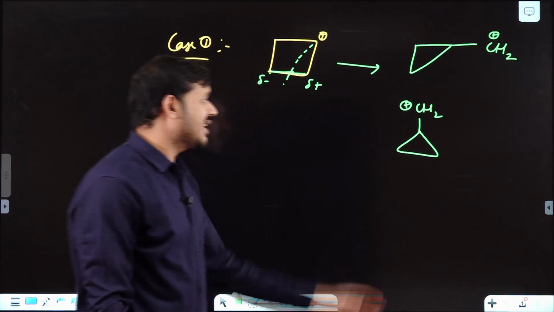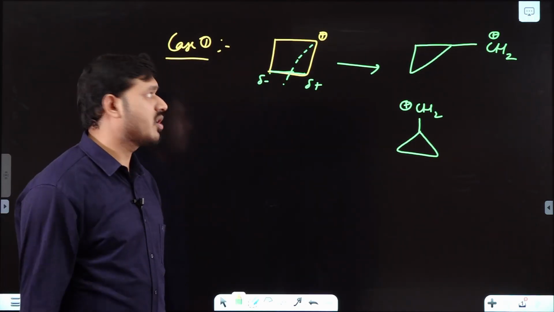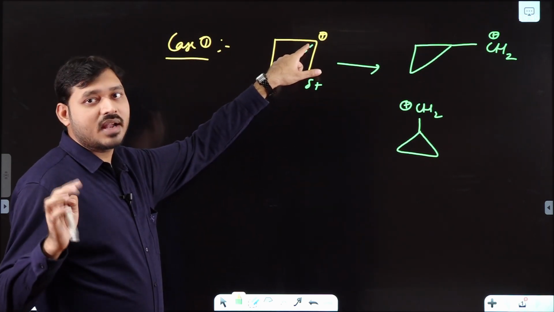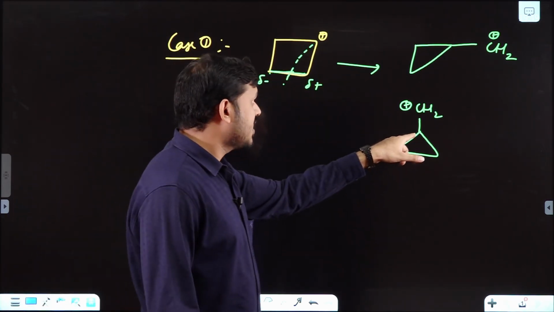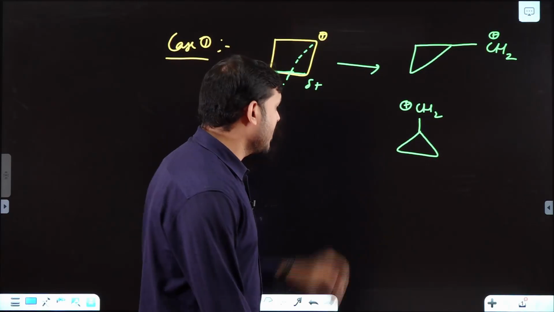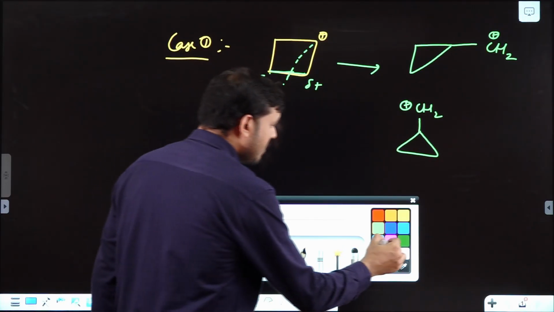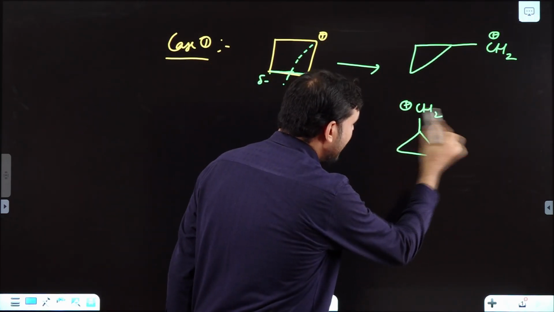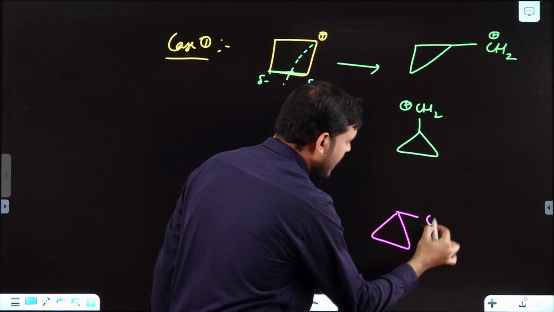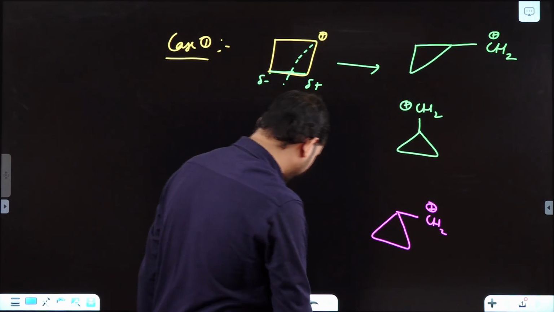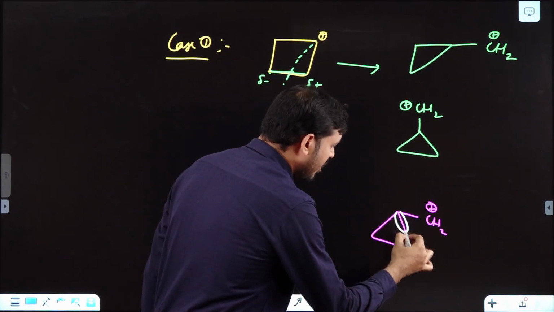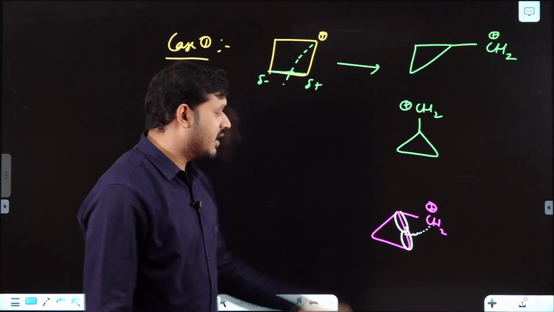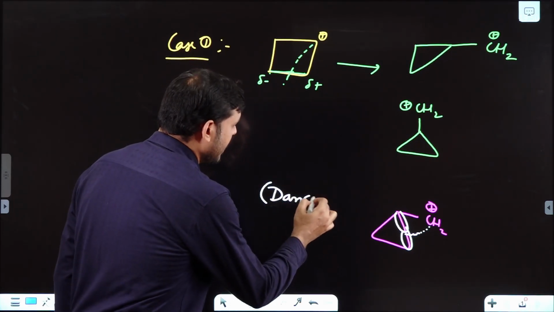Okay. Now why is it becoming more stable? You may have this question in your mind. It is sp2, it should be 120 degrees, here the internal angle is 90, so it is having an angle strain of 30 degrees. Here what happens? 60 degrees. In a 3-membered ring, angle strain is increased. But one more thing happens. This structure of the 3-membered ring, cyclopropyl methyl carbocation, has a tendency that it bends towards this side, such that these bonded electrons have a tendency to donate their electron pair to this side, which is generally called dancing resonance.